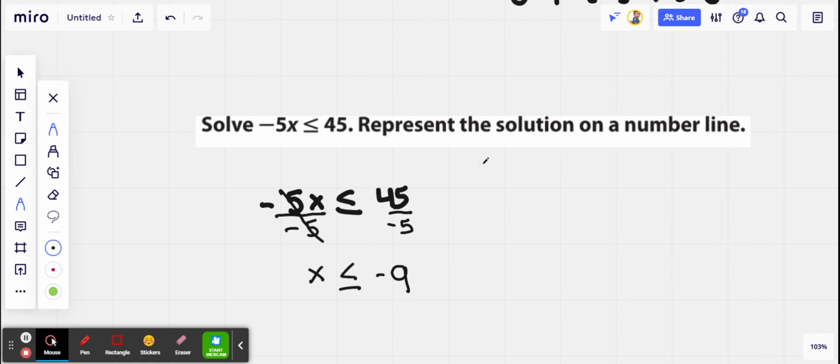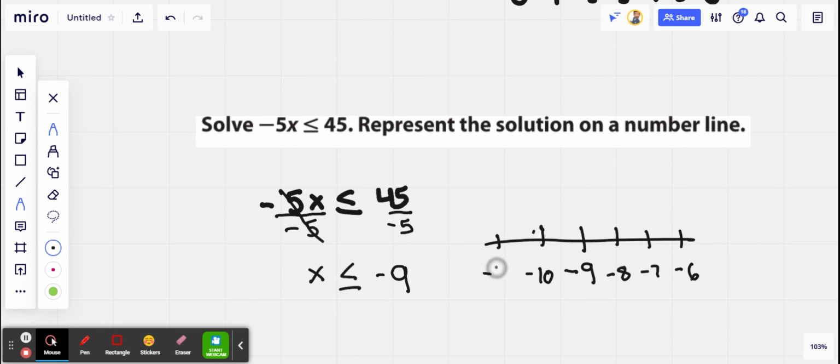Let's show that on our number line. Let me draw our number line real quick. So here's our number line, and we're going to start here. The solution we can put right here in the middle, so we can do negative 9. Remember, going up here, this one's going to be negative 8, negative 7. This is moving towards 0, right? And negative 9 will be moving away, so this will be negative 10, negative 11.